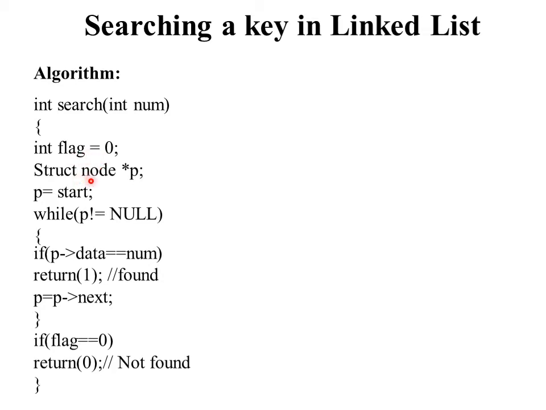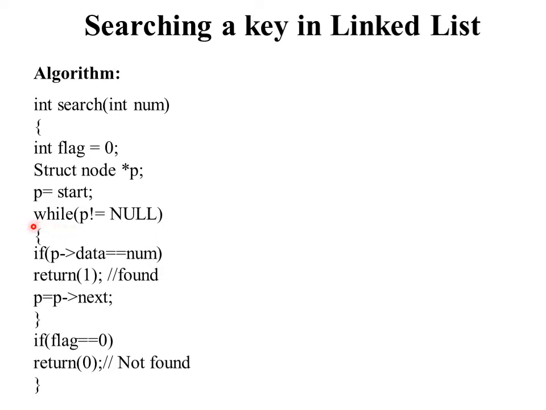Next, struct node pointer P. So here we declare P as a pointer. Next is P is equal to start, means we transfer the first node address to the pointer P. So now P points to the first node. Then we use this while loop: P is not equal to null, means P goes from the first node to the last node.